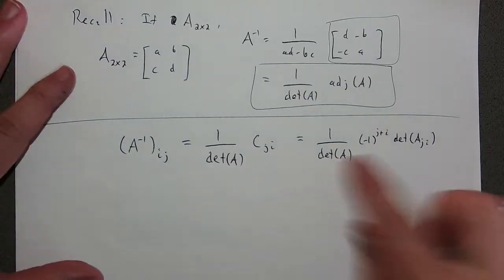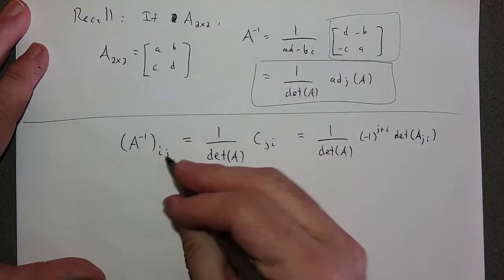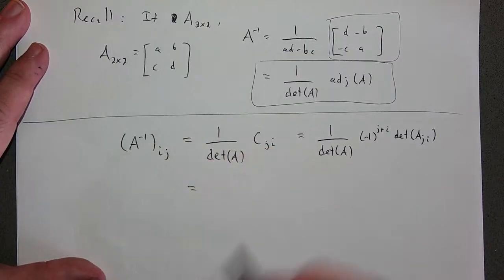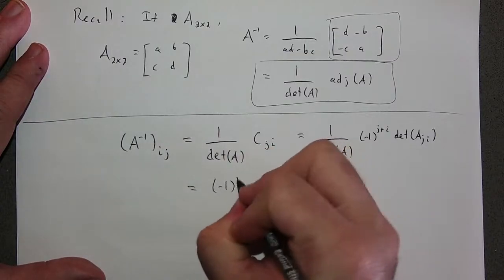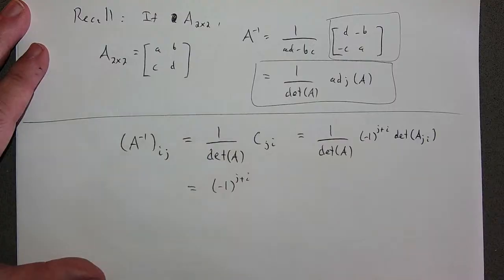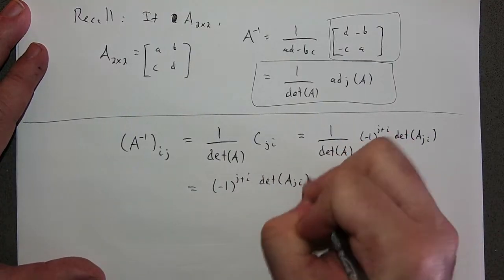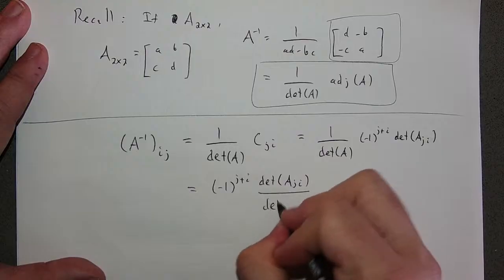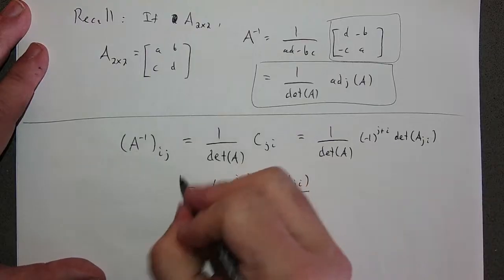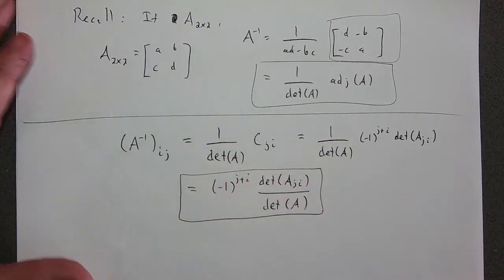Okay, so the ijth entry of A inverse can be thought of as minus 1 to the j plus i times the determinant of A sub ji over the determinant of A, which gives us a nice way to compute these entries one at a time in case we don't want to compute the entire inverse.